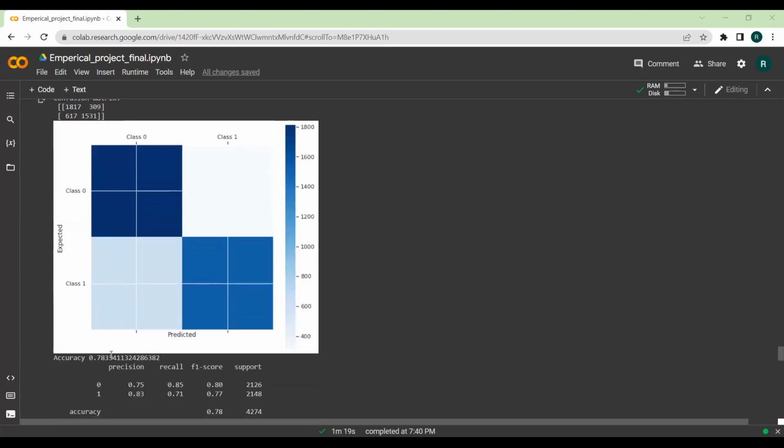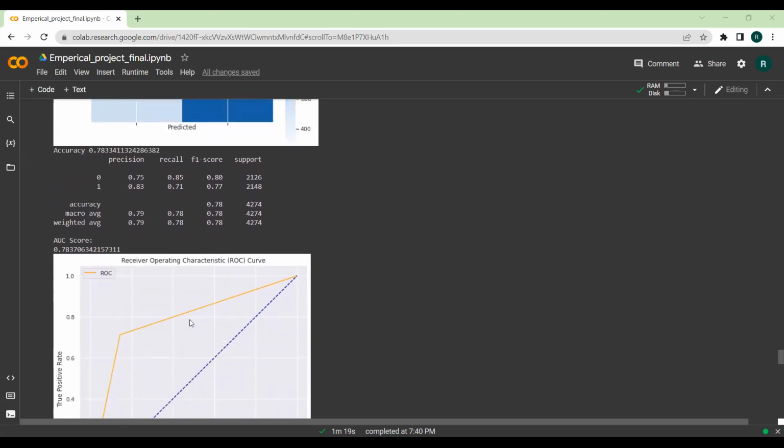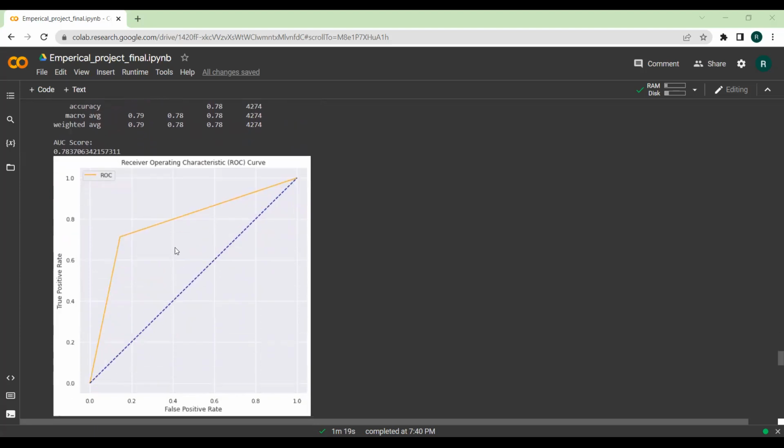Here we get the accuracy of 78%, which is lower than the KNN model, and we get the confusion matrix here. Also we get a lower AUC score, which is 78. The accuracy and AUC score are similar to each other, and we can also see that the training accuracy is lower than the previous one.